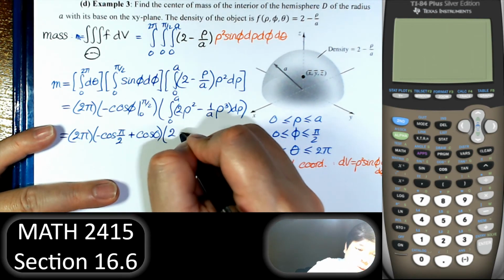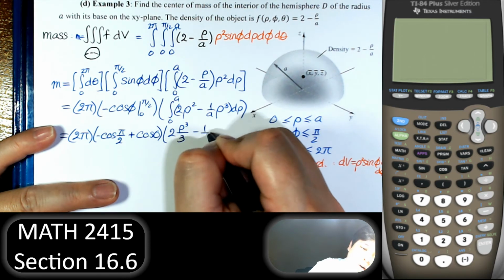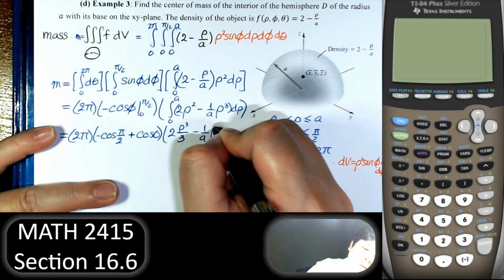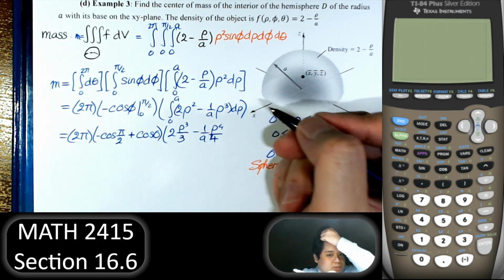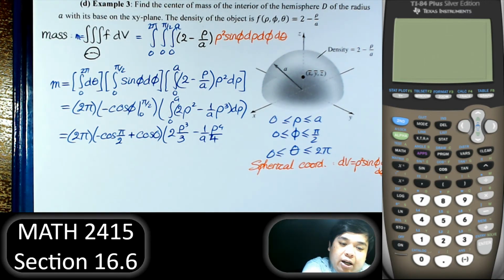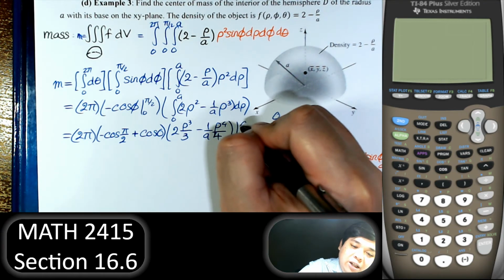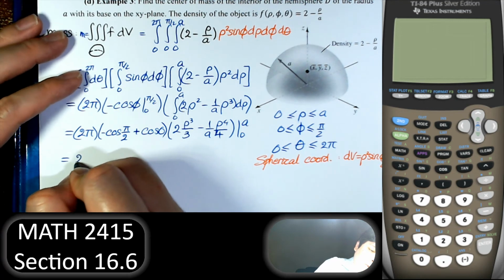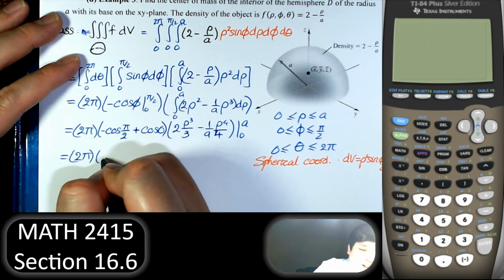Integral here is 2 rho cube over 3 minus 1 over a rho fourth over 4, as we integrate from 0 to a. Check 2 pi. That is cosine of 0 is 1.